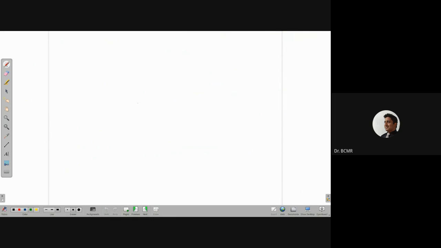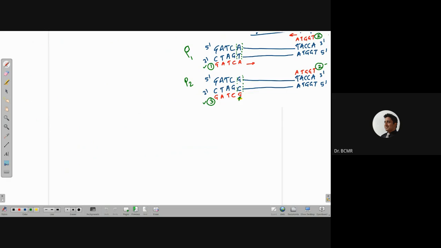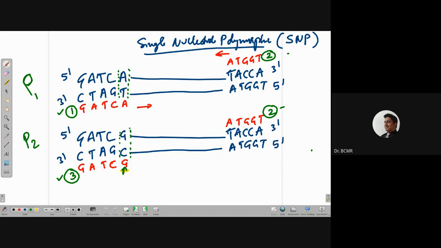We take two individuals, mother and father, chosen to be homozygous. We discussed two different alleles, P1 and P2.